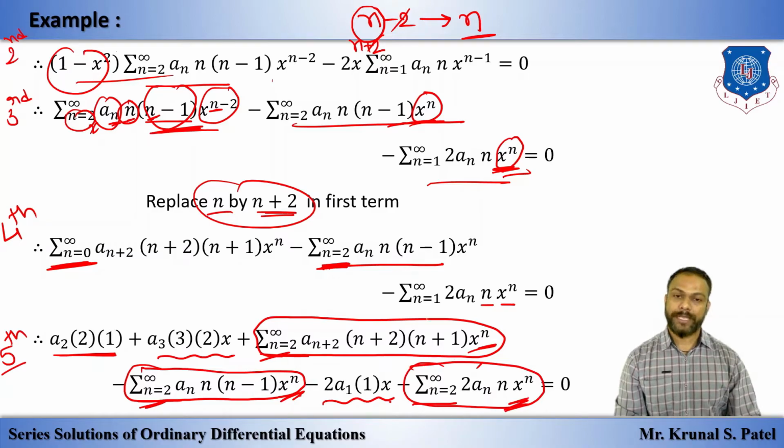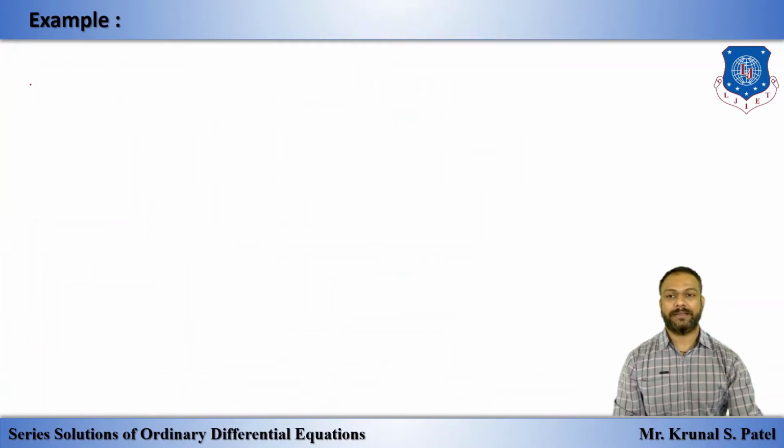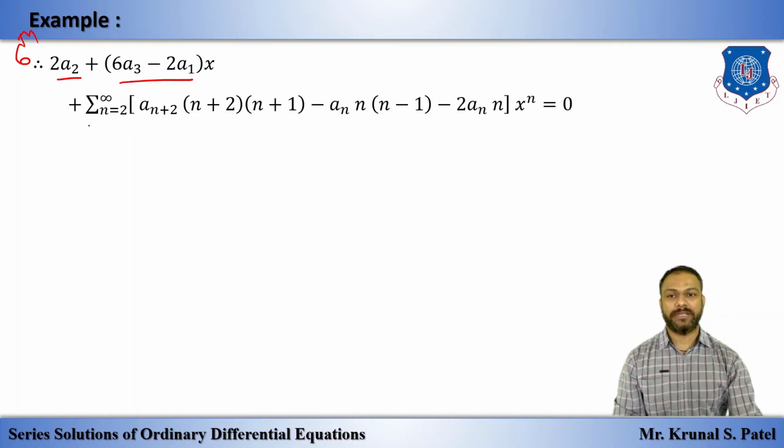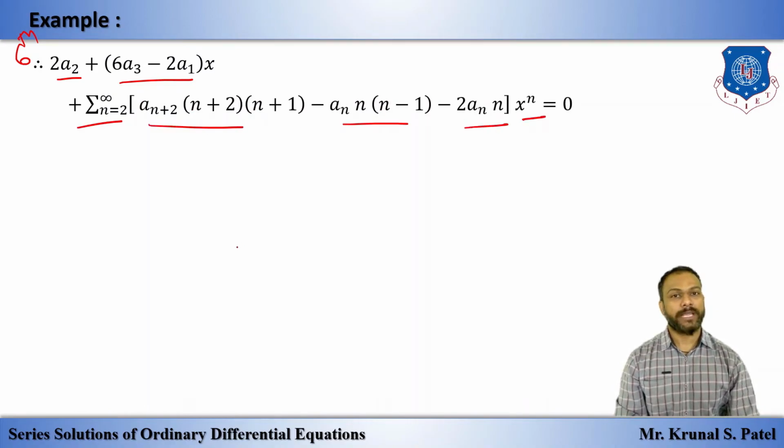So we'll take these three terms together. By collecting, that means the sixth step: constant term, term with x, and terms with sigma and x to the n outside, and the remaining three terms here. So this is our sixth step, collect the like powers of x.